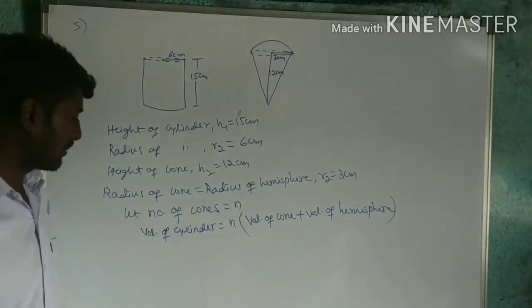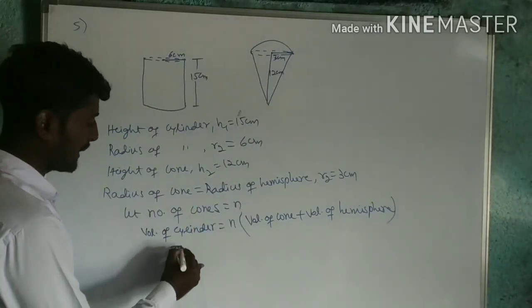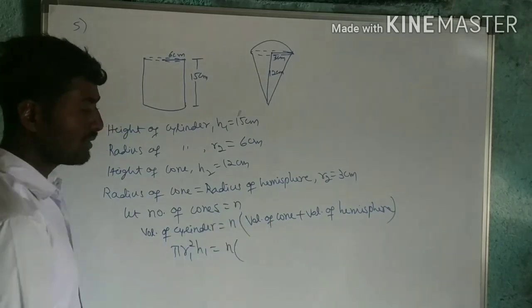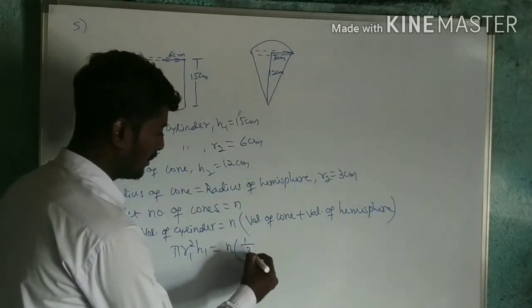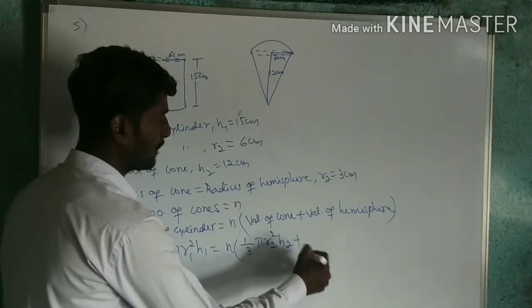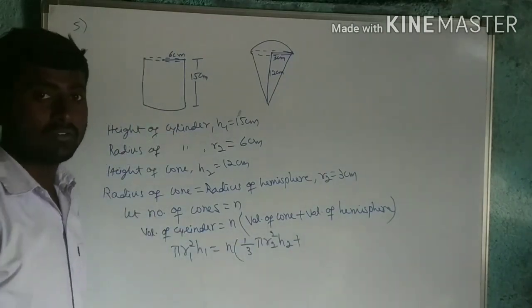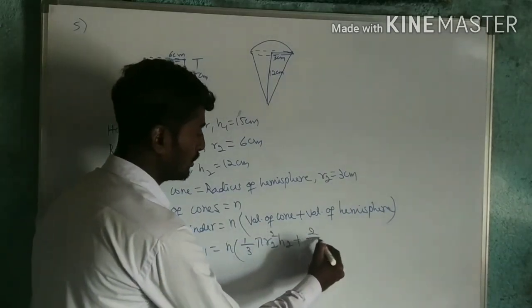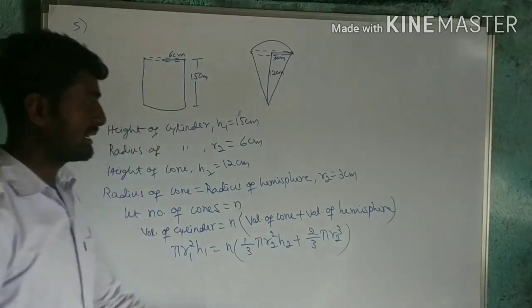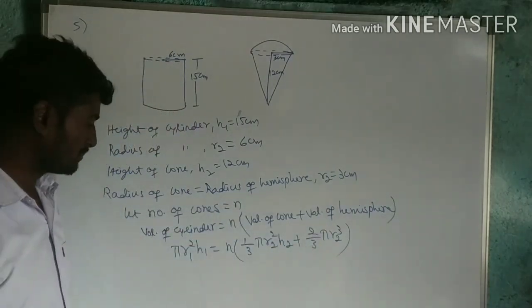Now let us write the formula. Volume of cylinder, that is pi r1 square h1, equals n into volume of cone, 1 by 3 pi r2 square h2, plus volume of hemisphere, 2 by 3 pi r2 cube. The radius of hemisphere I have taken as r2.